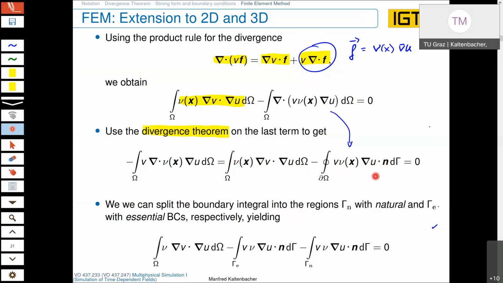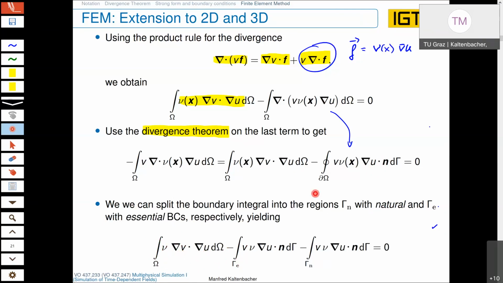Okay, so that means that our weak formulation is as written here: we have this volume term where we have the gradient of the test function and gradient of u, and directly the material parameter.